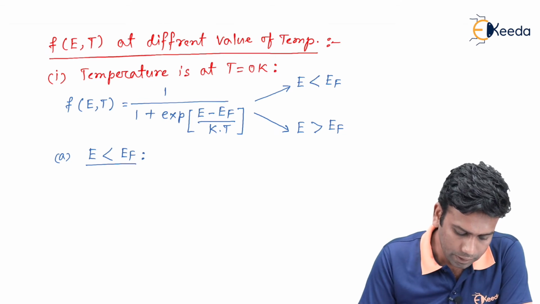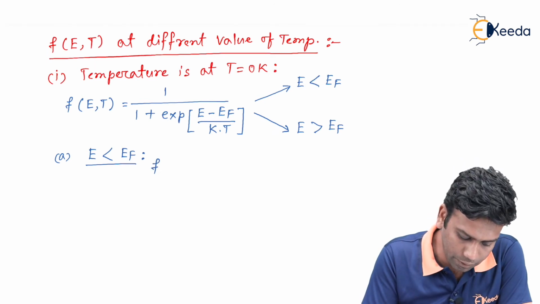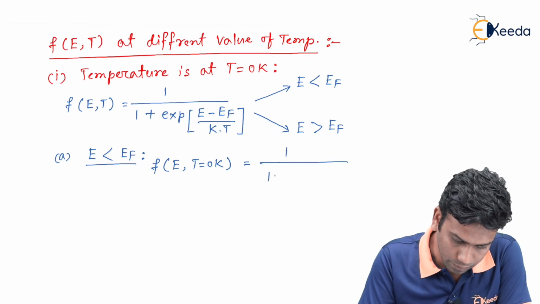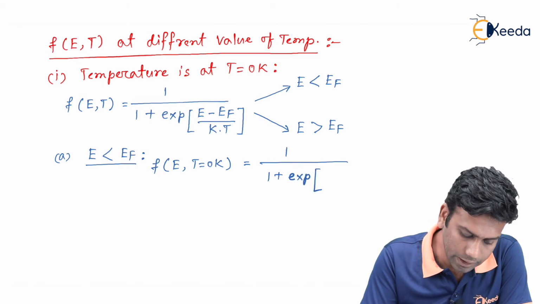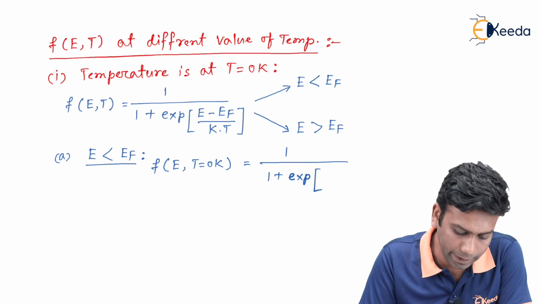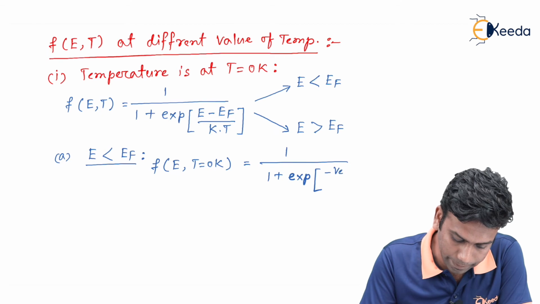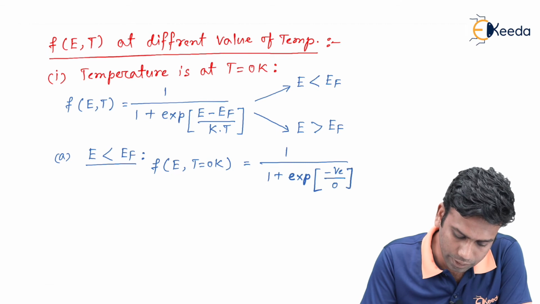If the energy level is less than the Fermi level, then the Fe equation at T equals to 0 K can be written as 1 by 1 plus exponential, and this E minus EF will be a negative value because E is less than EF. So, there will be a negative value, and here T value is 0.